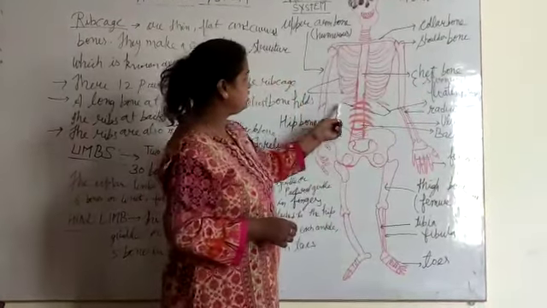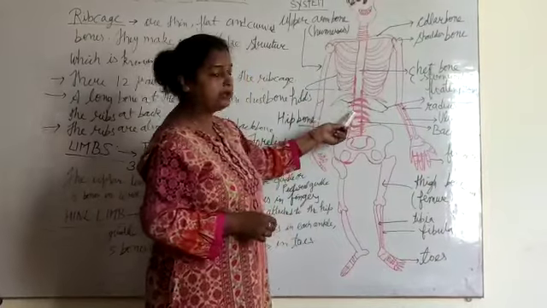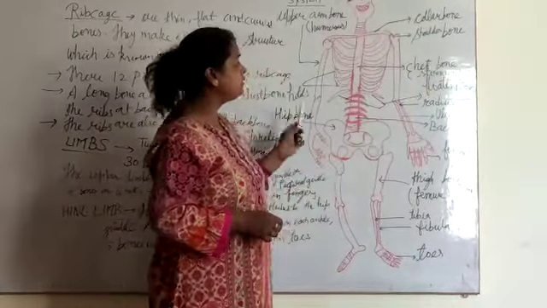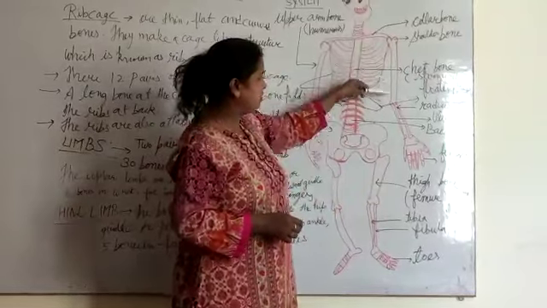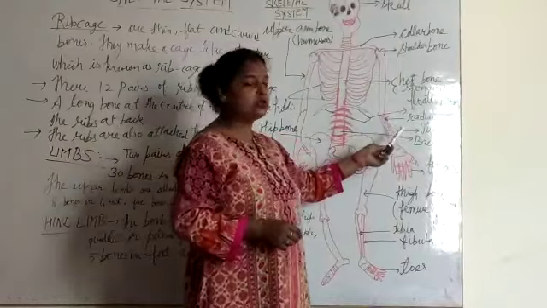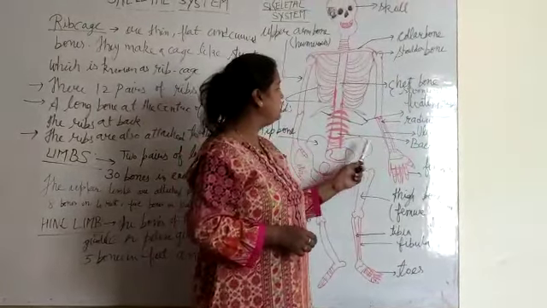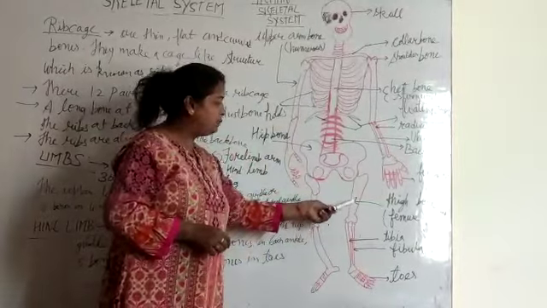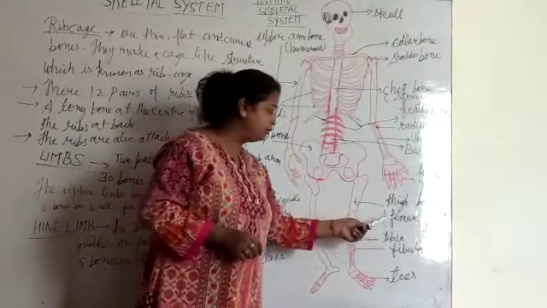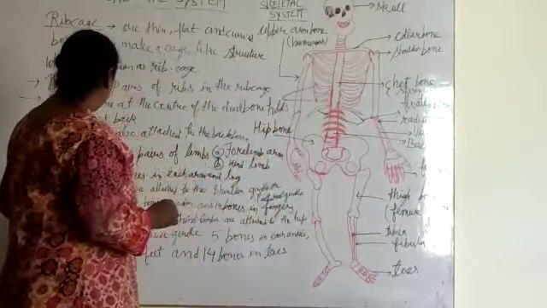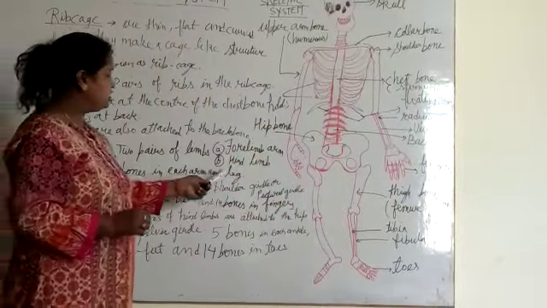And this is the humerus, and 2 smaller bones are also attached, that is the radius and ulna. And here the fingers are there. Clear? And this is the thigh bone, also called the femur. This is the tibia, fibula, and these are the toes. Now look here, 30 bones in each arm and leg.